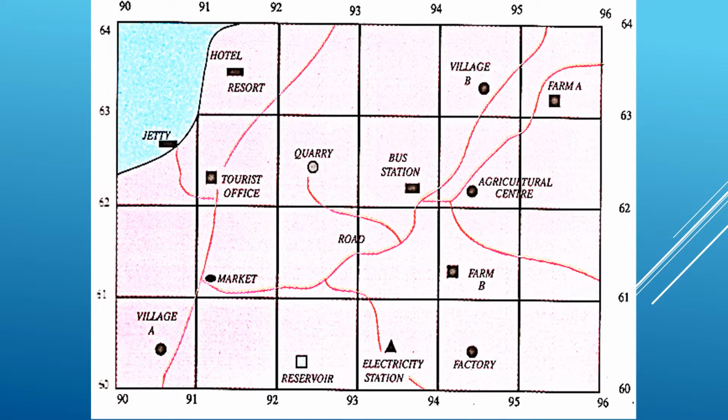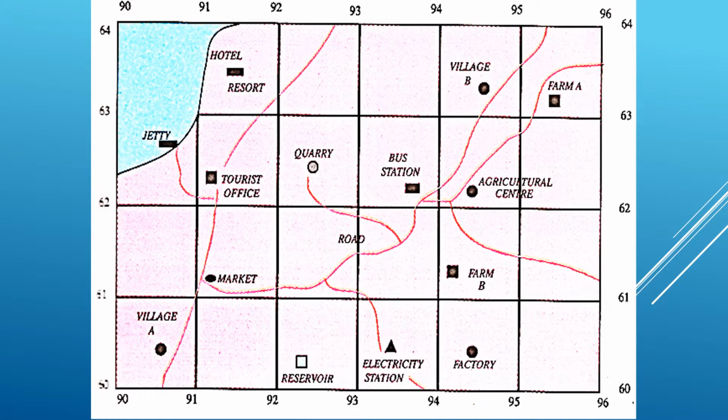In order to determine which easting we're going to read, we have to first of all look to see which easting the quarry is located immediately east of. Oh yes, we are going to be finding the four-figure grid reference for the quarry. In order to do so, we need to know which easting the quarry is located immediately east of.